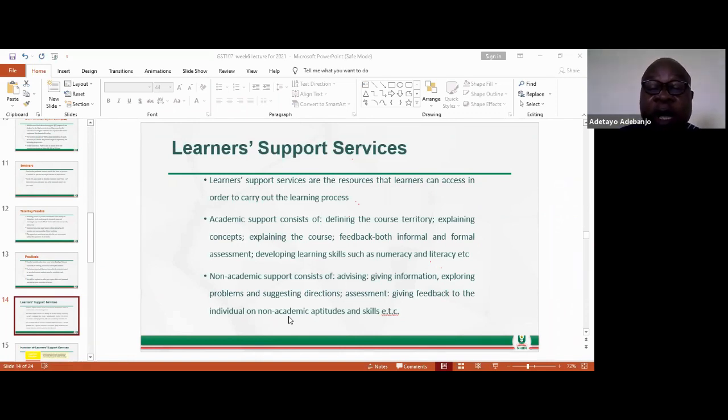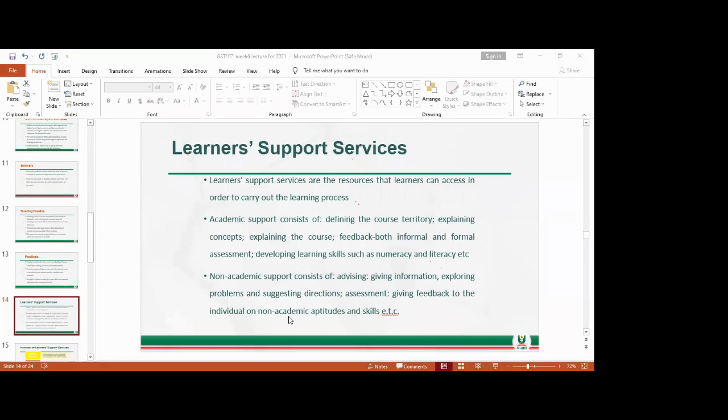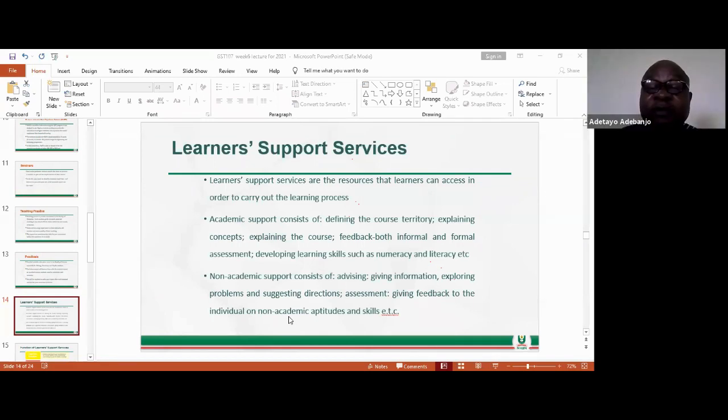So that is why all the processes you must pass through need to be touched. And the learner support services, like I said, are the resources that learners can access in order to carry out the learning process. Then we have academic support, which consists of defining the course territory, explaining concepts, explaining the course, feedback, both informal and formal assessment, developing learning skills such as numeracy and literacy, and many like that.